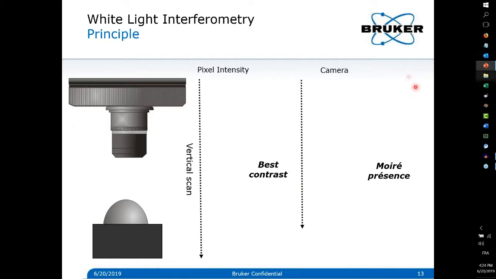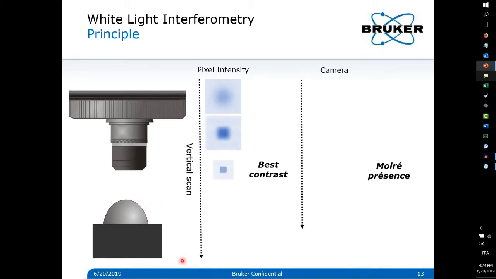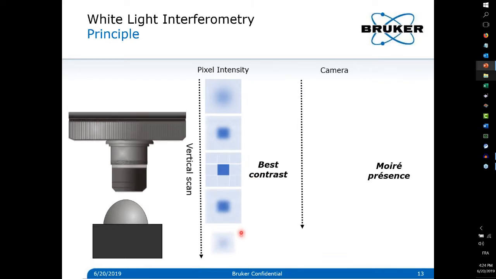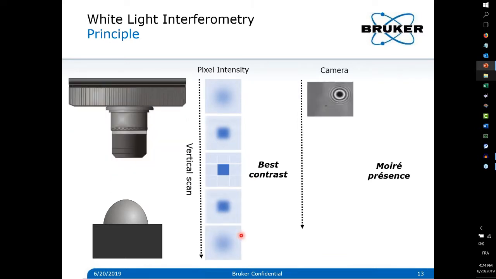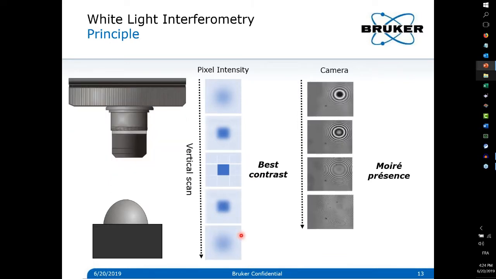To further elaborate on the principle of the optical profilers, for both focus variation and white light interferometry, we use an objective which focuses light over a given surface, and then we perform a vertical scan while capturing intensity images from cameras.